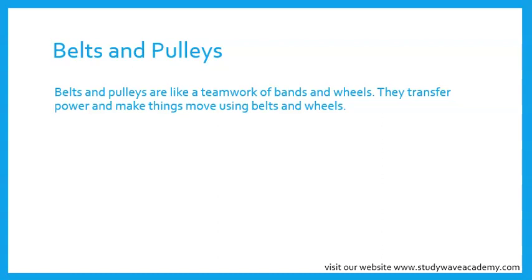Then we looked at belts and pulleys. Belts and pulleys work together like a team of bands and wheels to transfer power and make things move in machines. Right? We said all this. Okay, so we understood today's lesson on drive mechanism.